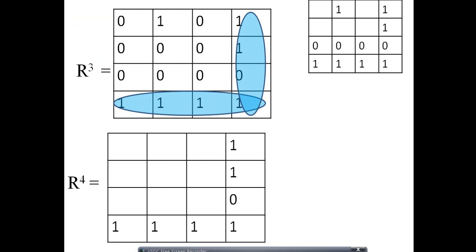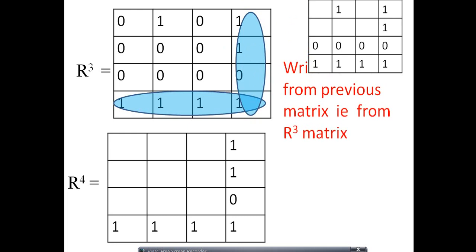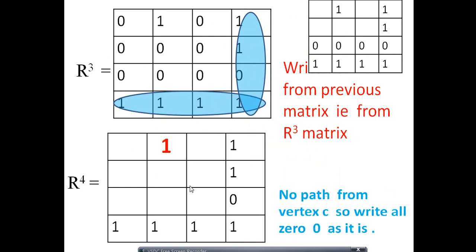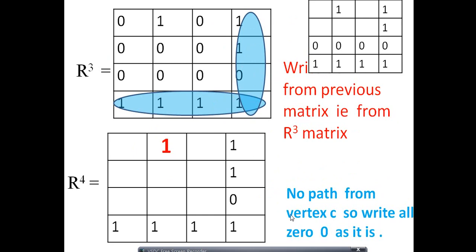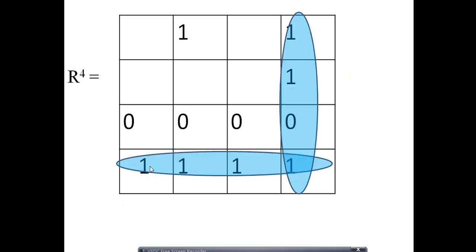Wherever ones are there, you have to write them down. 1 is there, so 1 written, and in the others there are no ones. Now you have to find all these values. There is no path from vertex C, so write down all zeros here. 0, 0.